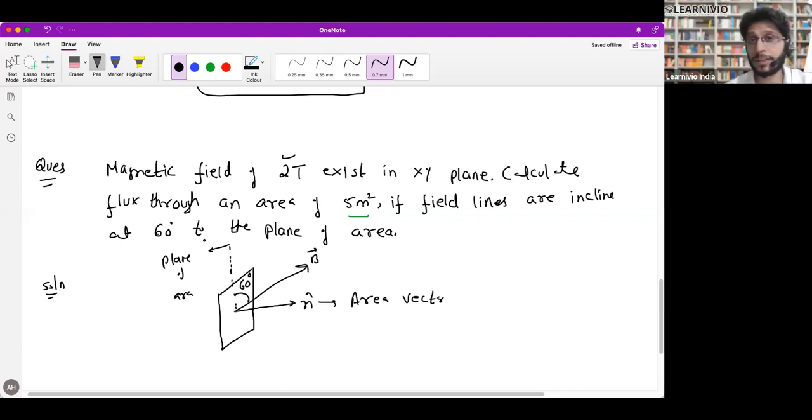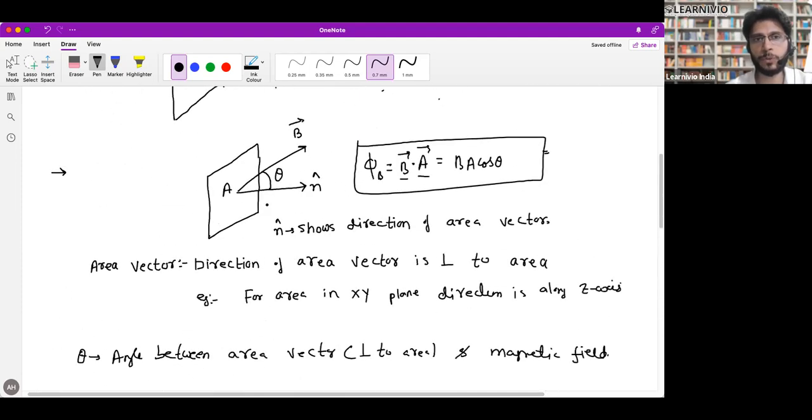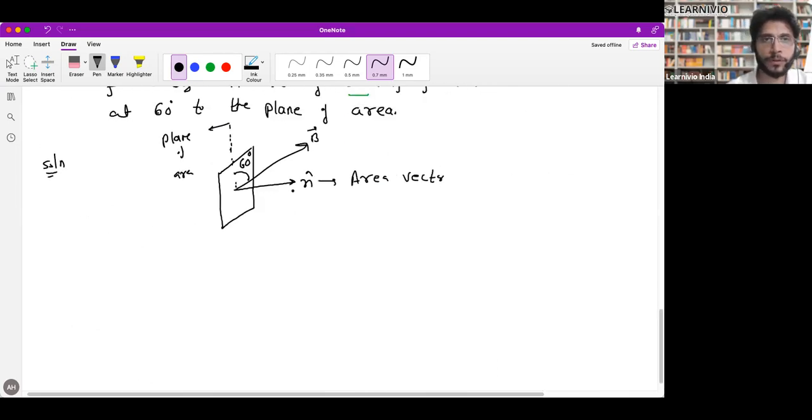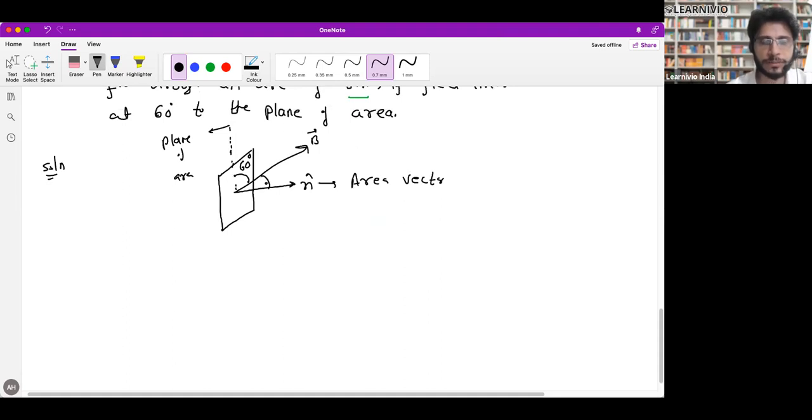This 60 degrees is not your theta. The theta that we use in flux BA cos theta is the angle between magnetic field and perpendicular to the area. So what is this angle in this case? 30 degrees, since they are perpendicular.